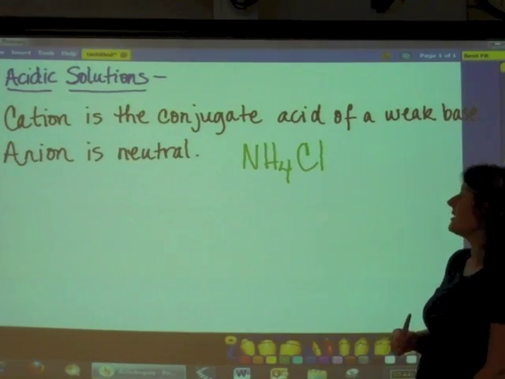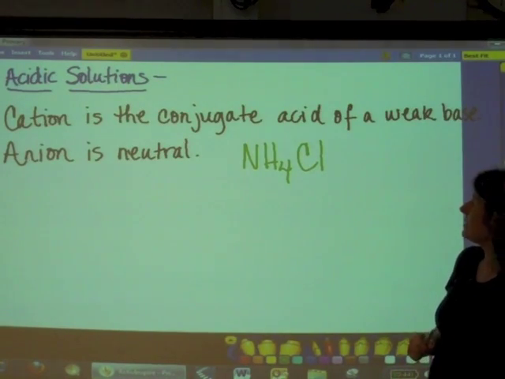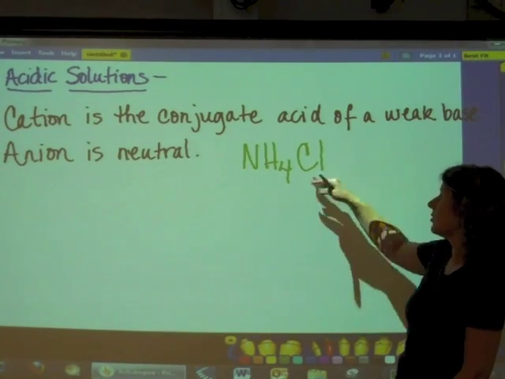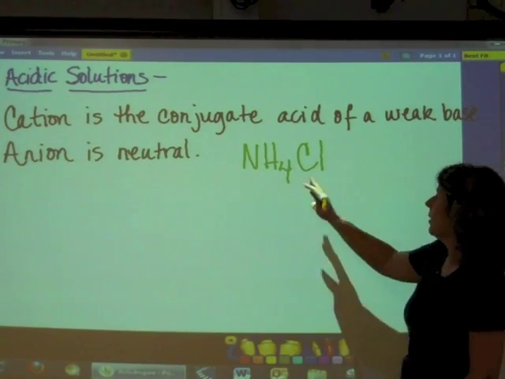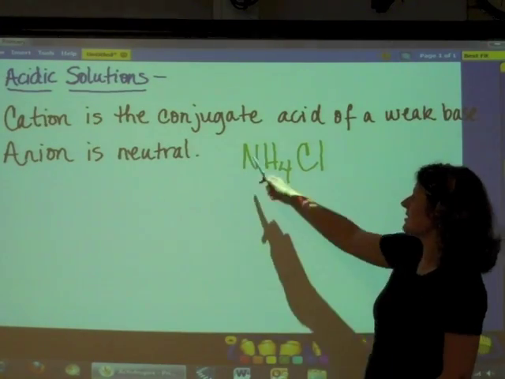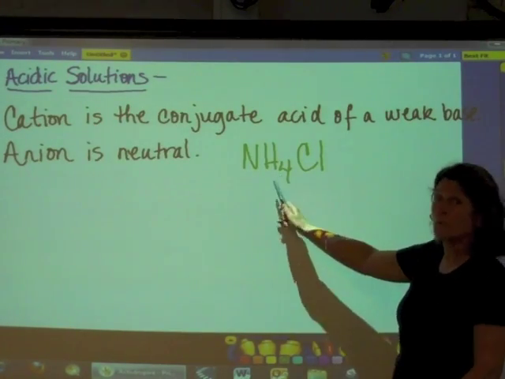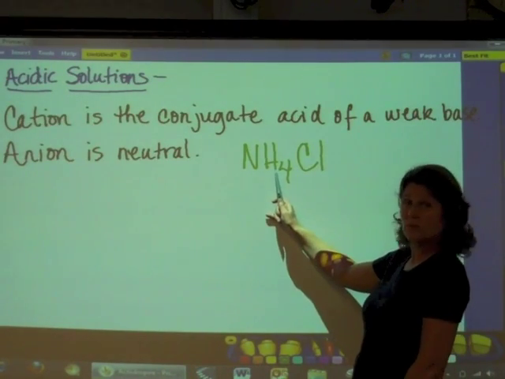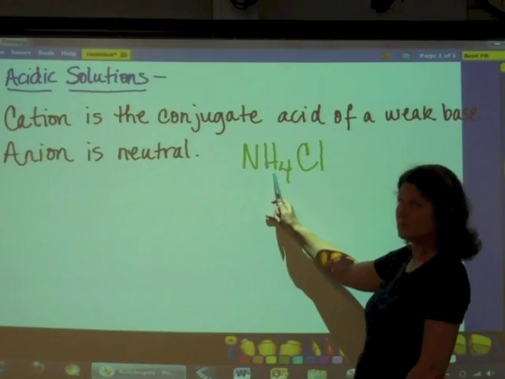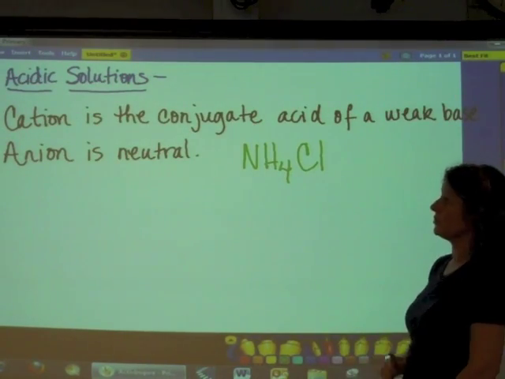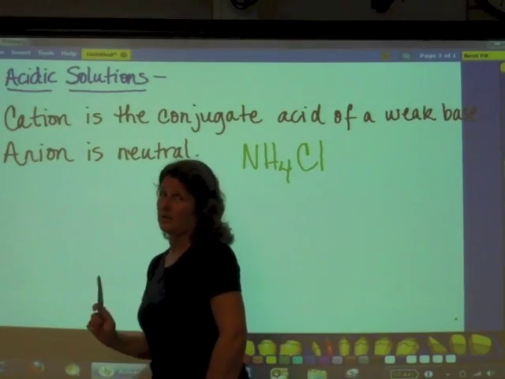Okay, why is it an acidic solution? When this thing dissociates, chloride is going to do nothing, but ammonium, because it's the conjugate acid of the weak base ammonia, what will it do with one of its hydrogens here? It will give it off into solution and make the solution acidic.